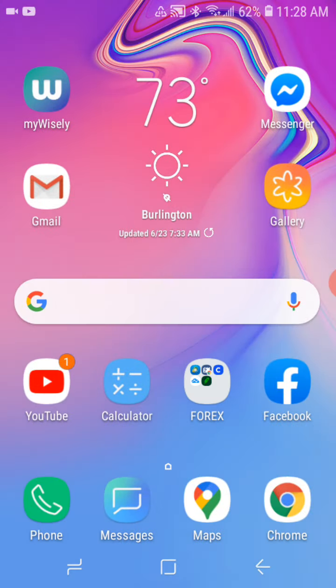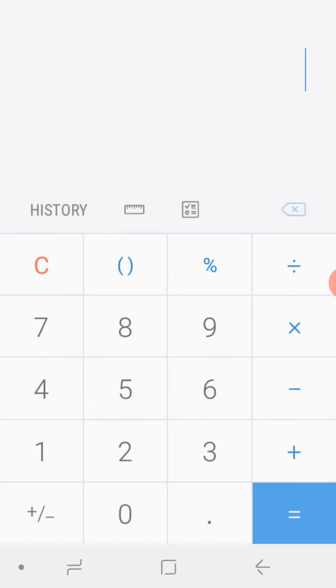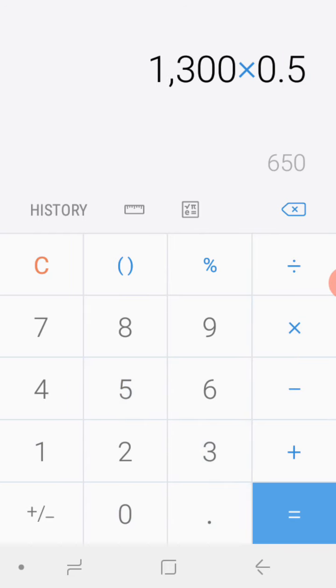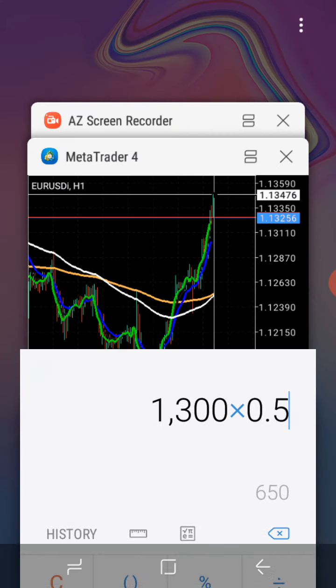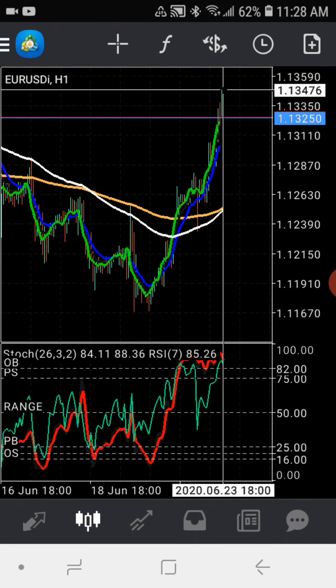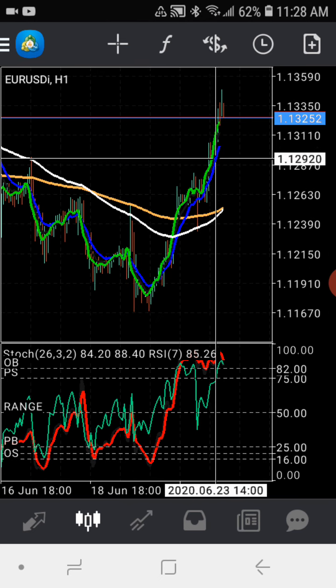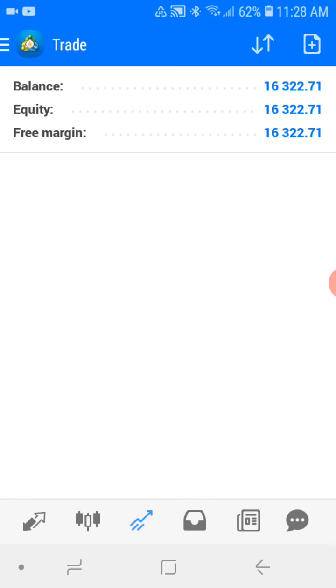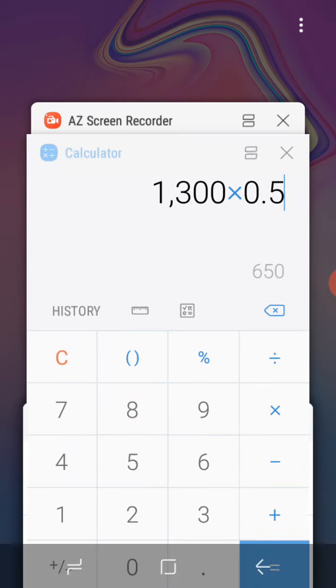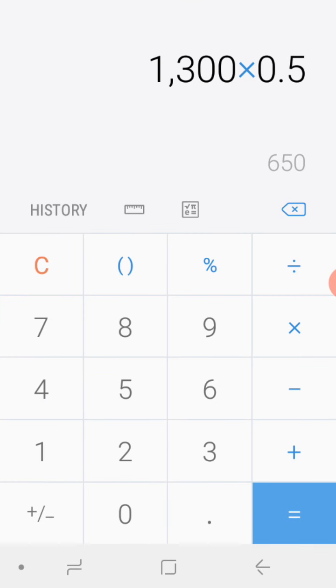Just to show you some quick math, let's say it's 1,300 pips and you do a 0.5 lot. Because these are hours, 24 make a day, and in about 2.5 days, you would have made $650 just for holding that trade.